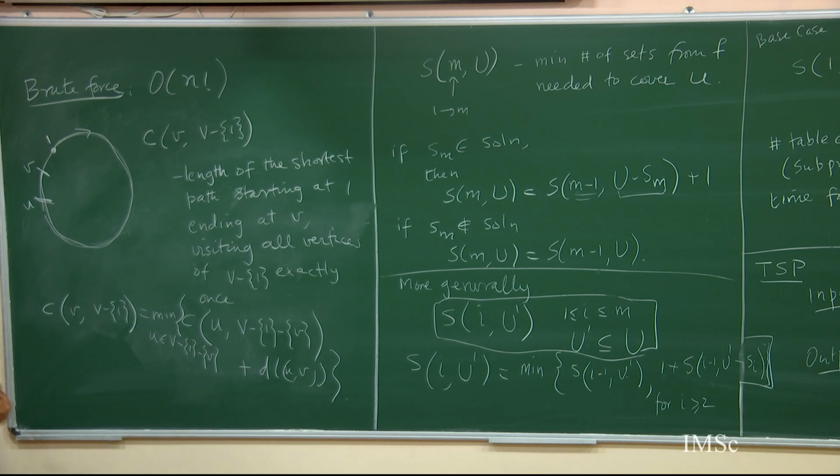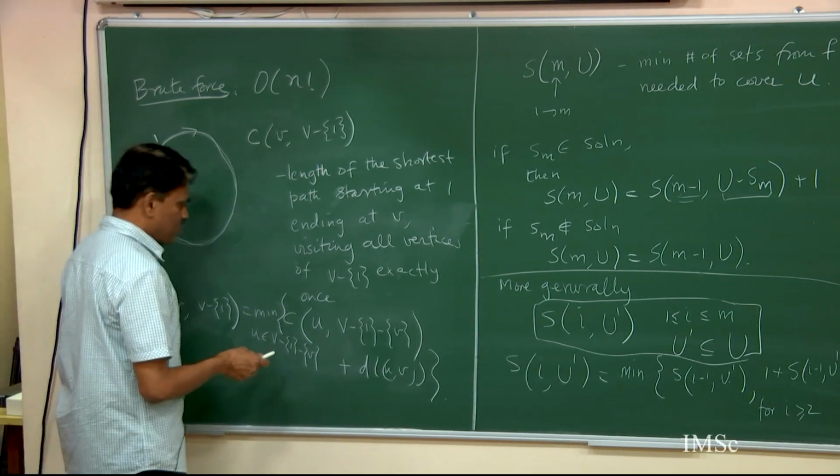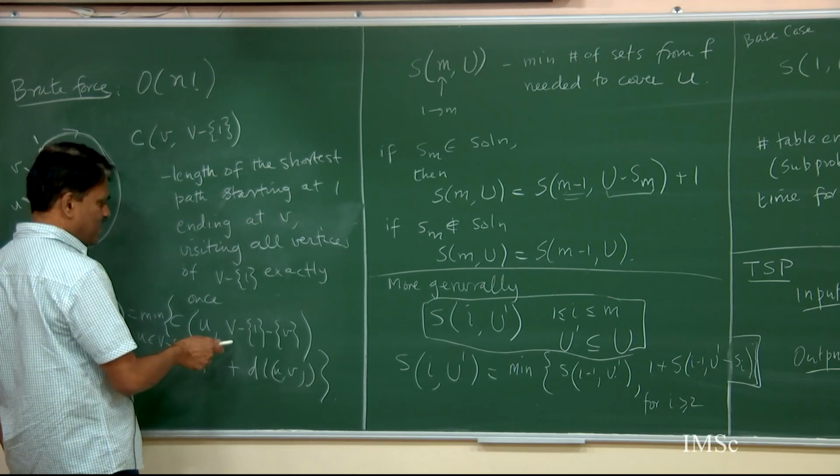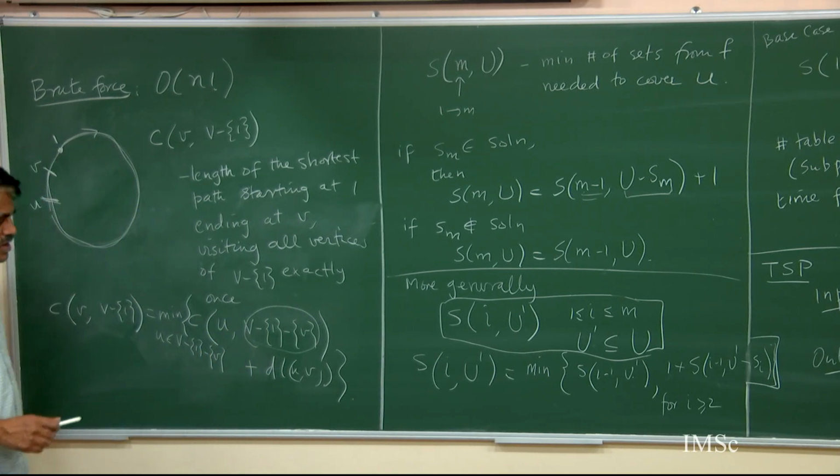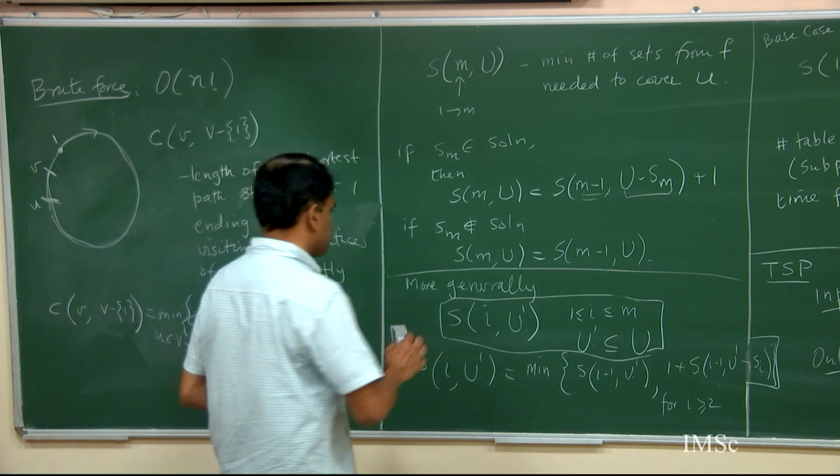So now what are the subproblems? The subproblems are a vertex here and a subset which you want to visit. So that suggests the subproblems. Let's write more generally what the subproblems are.